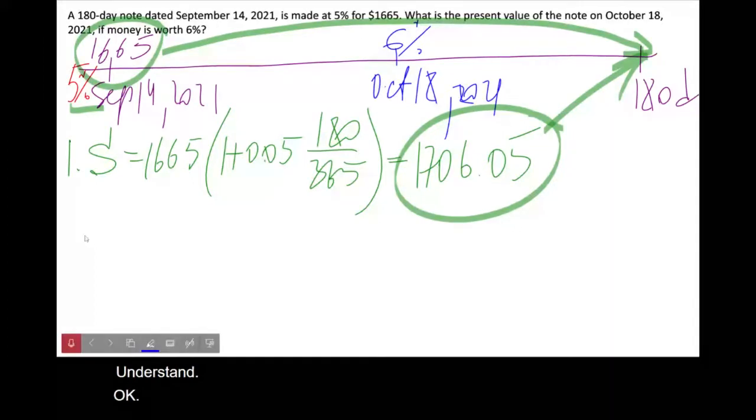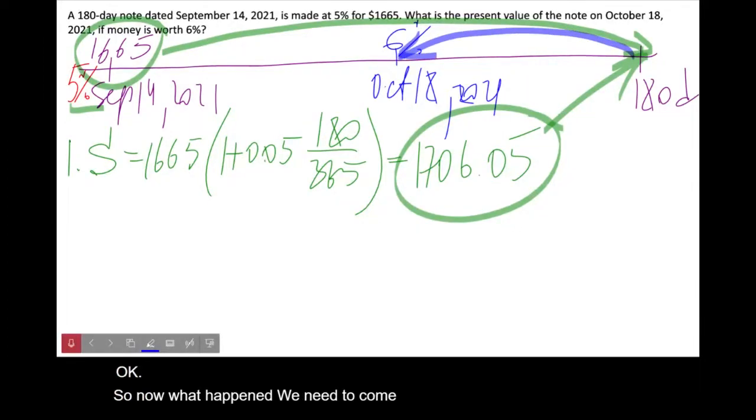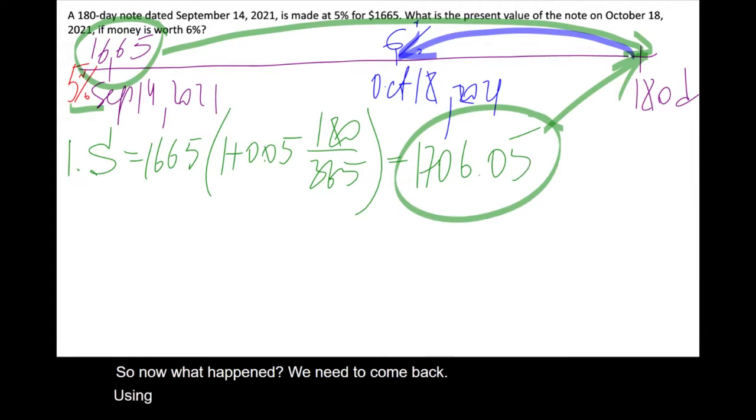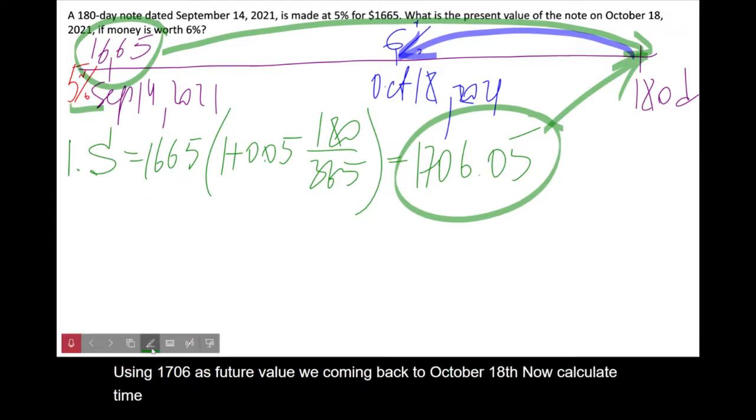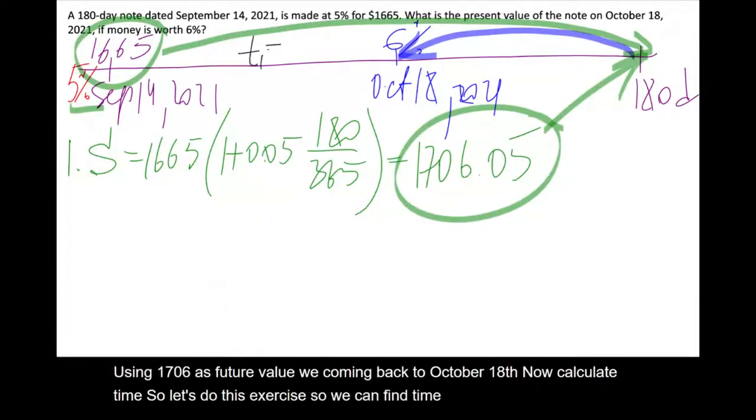So now what happened? We need to come back using 1706 as the future value. We're coming back to October 18. Now, calculate time. So we can find time T1 between September and October.